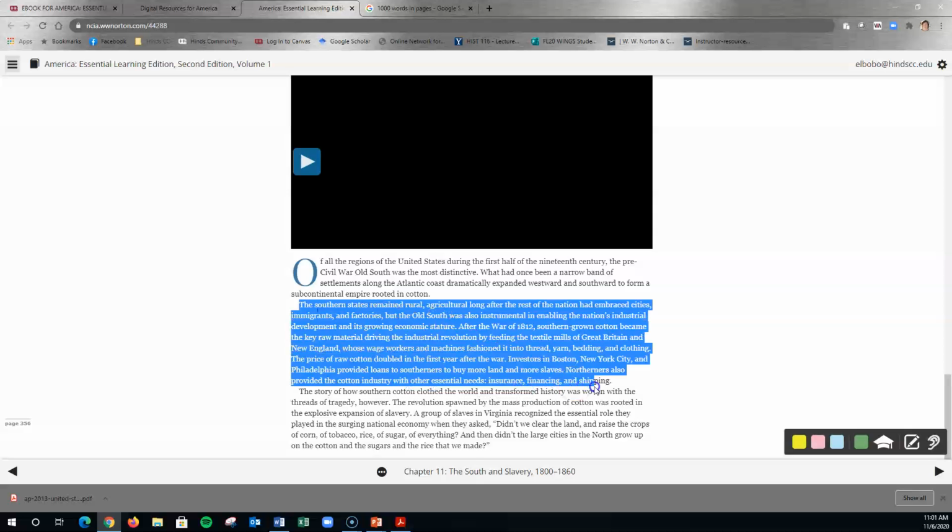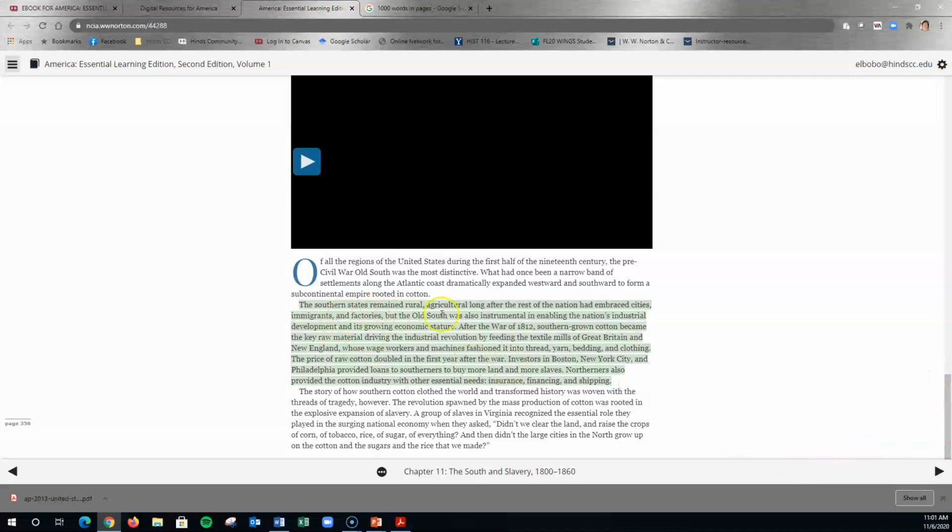The most important paragraph in this early part of the chapter is right here. The southern states remained rural and agricultural long after the rest of the nation had embraced cities, immigrants, and factories. But the Old South was also instrumental in enabling the nation's industrial development and its growing economic stature. After the War of 1812, Southern-grown cotton became the key raw material driving the Industrial Revolution by feeding the textile mills of Great Britain and New England, whose wage workers and machines fashioned it into thread, yarn, bedding, and clothing.